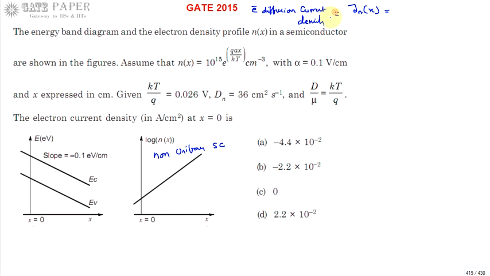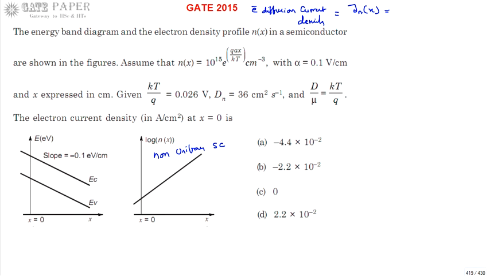Diffusion is a process of movement of charge carriers from one region to another region in a non-uniform semiconductor. Strictly speaking, it is always from the higher concentration region to the lower concentration region.